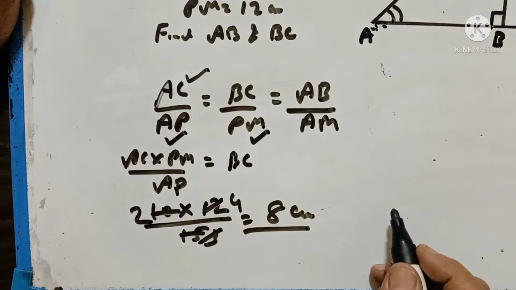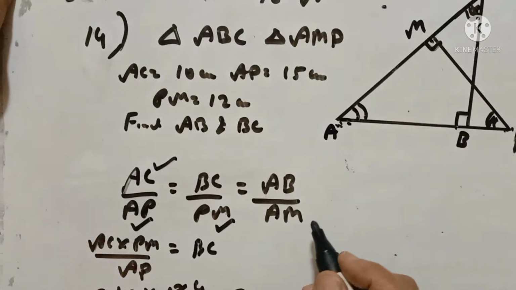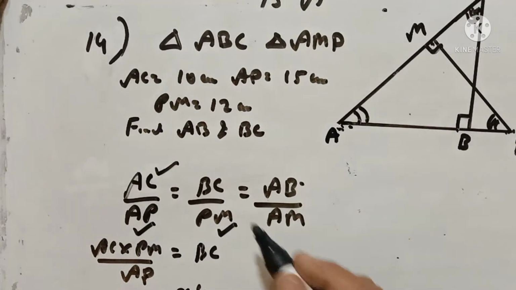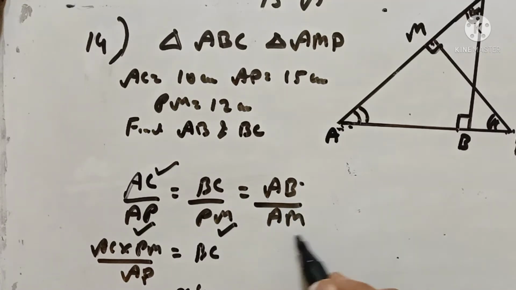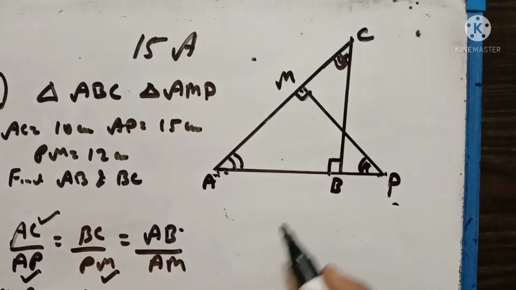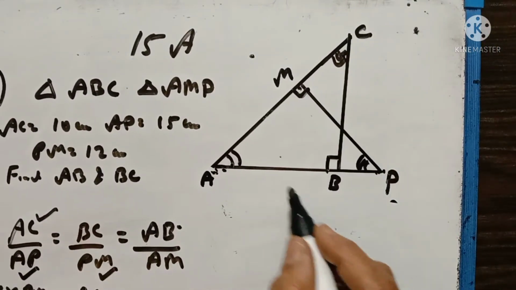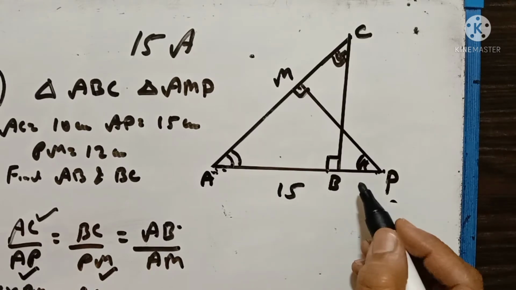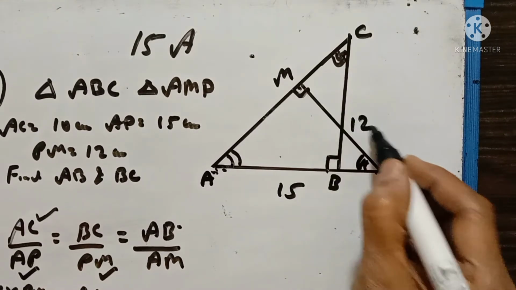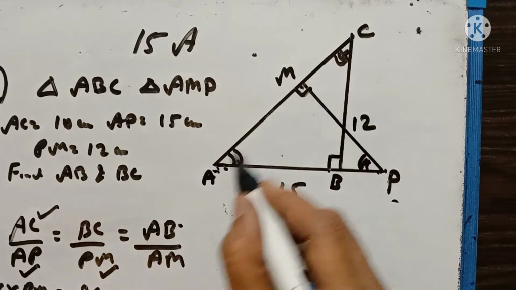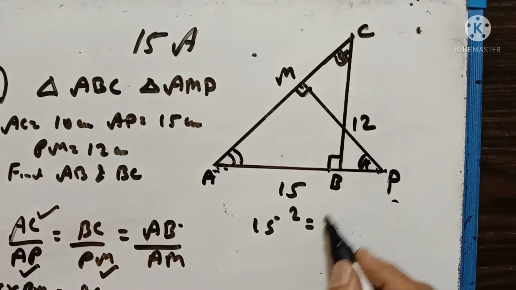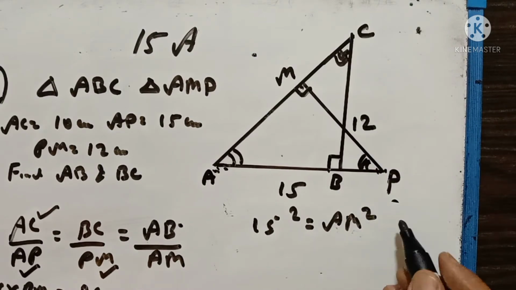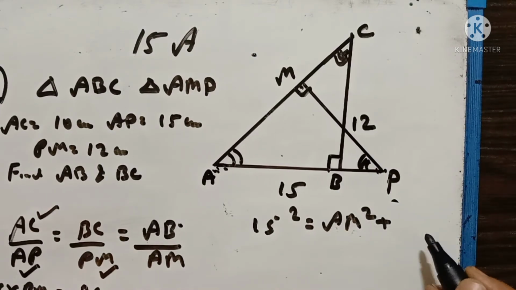Now what about AB? We have to find AB now. We have BC is equal to 8 centimeter, PM is equal to 12 centimeter. But we don't have AM. In order to find AB, we need AM. So in this triangle AMP, AP is equal to 15 centimeter and PM is equal to 12 centimeter. According to Pythagoras theorem, hypotenuse square is equal to sum of the squares on the other two sides.